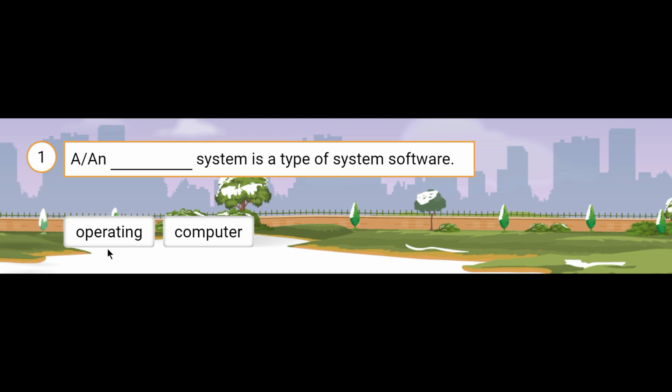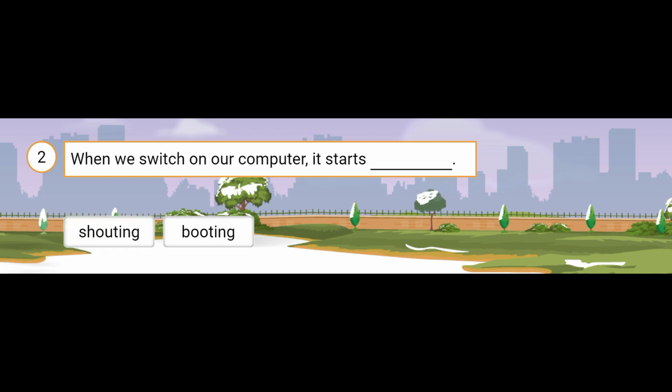Now you can write the answer on paper. The correct answer, let us check. Here I am clicking on operating. Let us check whether it is correct. Yes, it is correct. An operating system.